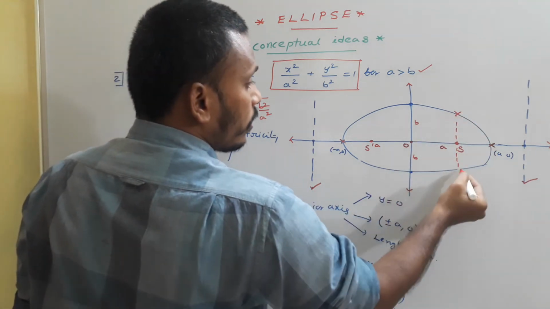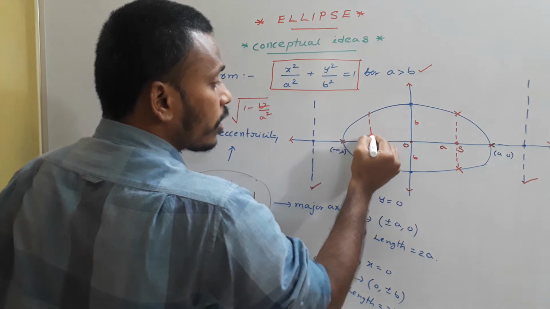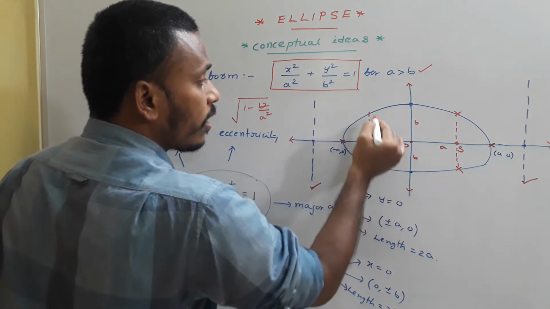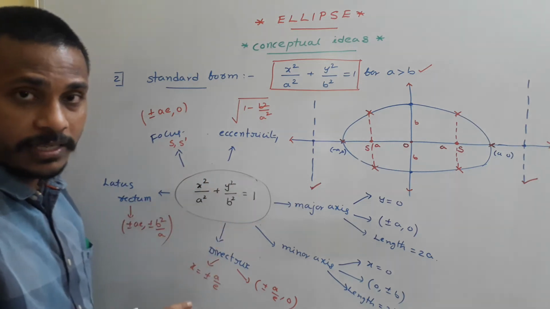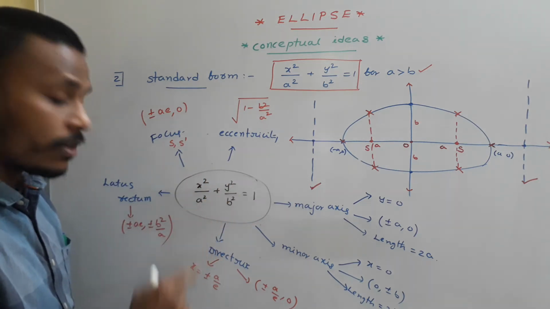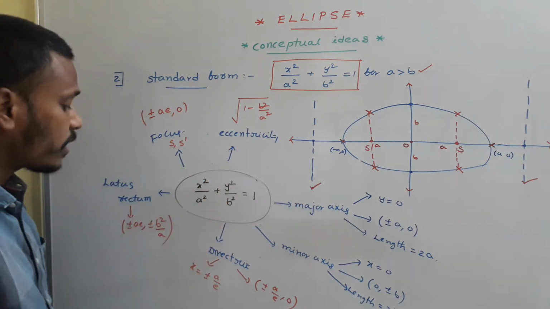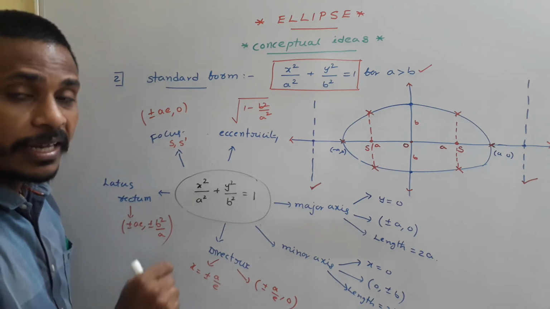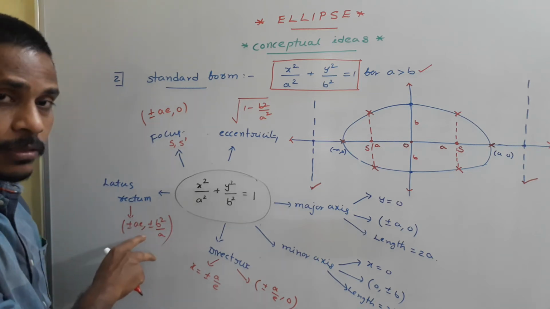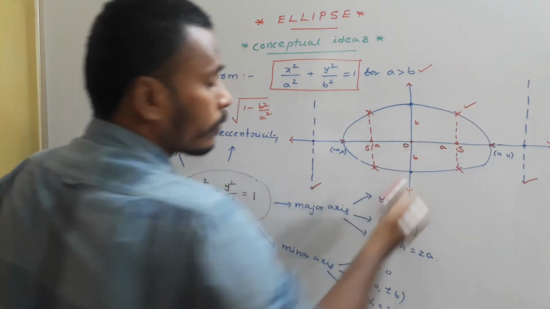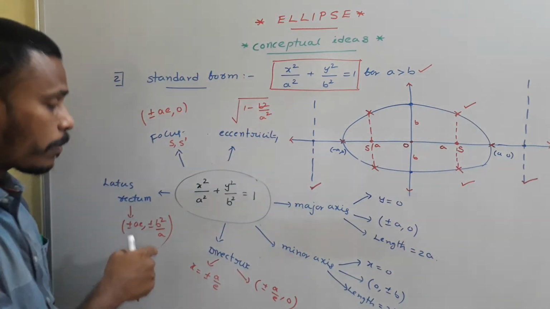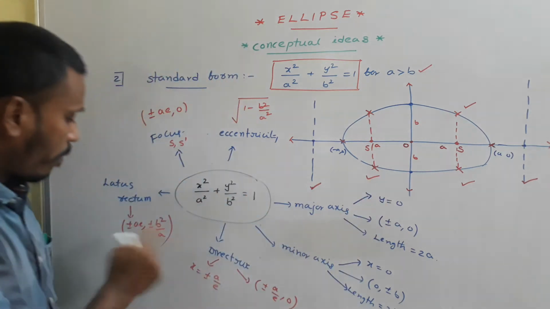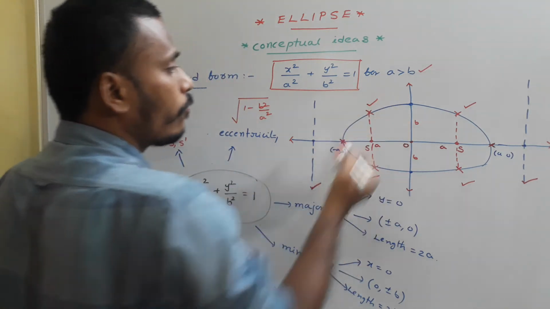This is one point, this is another endpoint. Again, if you sketch another latus rectum here, this is another endpoint, this is another endpoint. So we will get 4 endpoints, which are (±ae, ±b square by a): plus and plus, plus and minus, minus and minus, minus and plus, 4 endpoints.